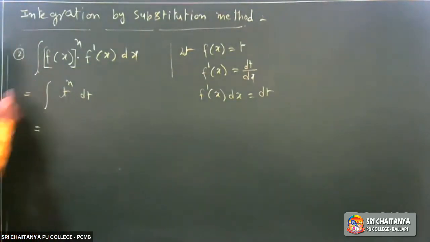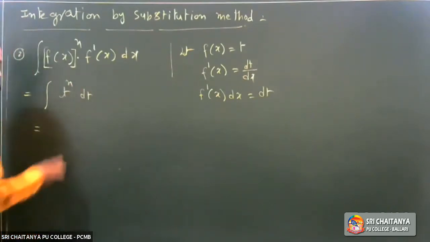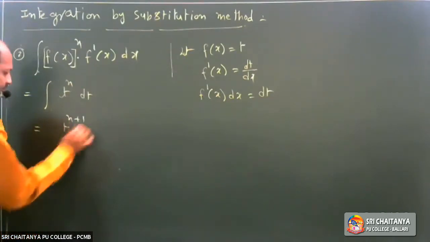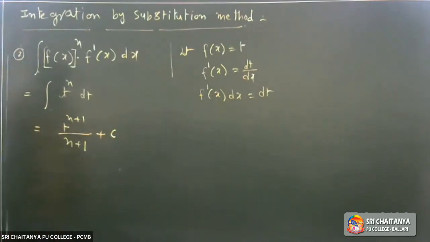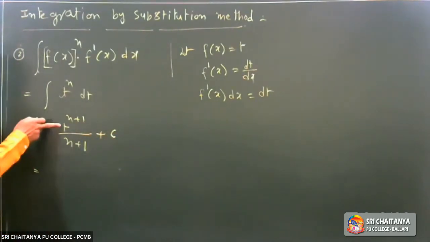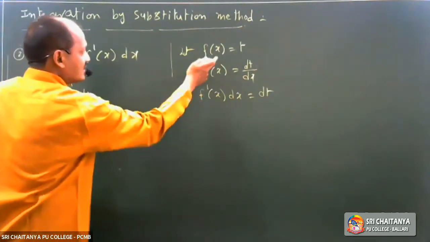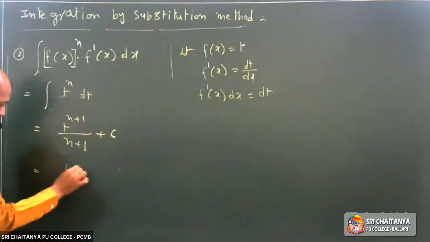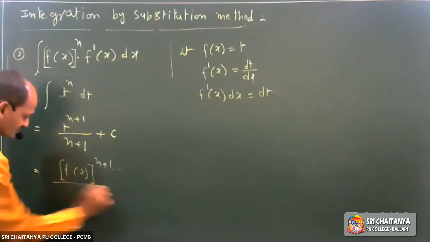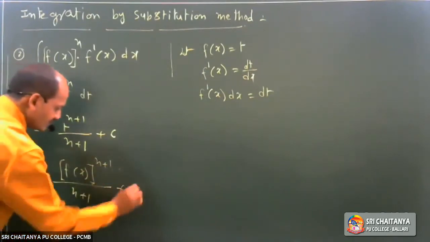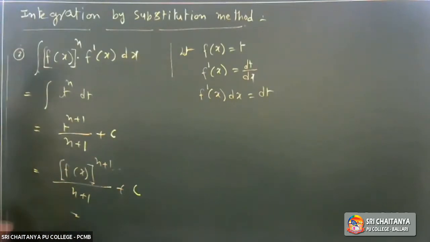So integral of t power n dt is t power n plus 1 divided by n plus 1 plus c. So again we have to substitute, instead of t, f of x. So it is f of x whole power n plus 1 divided by n plus 1 plus c. Okay, right. Second one, second condition.